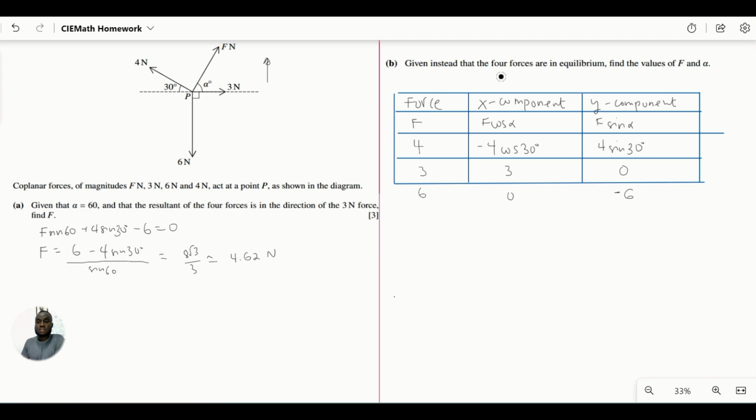Now we're given that the particle is in equilibrium. In that case, the net force acting is 0 in every direction. So we want to find the value of f and what alpha should be for that to happen. And that will mean that the following equations hold.